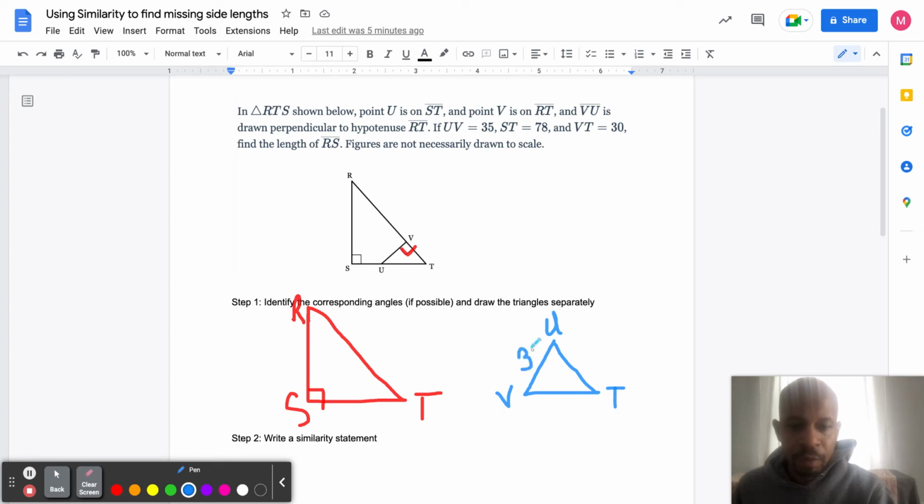So this is 35. ST is 78. VT is 30. And RS we are looking for. So let's call that X.